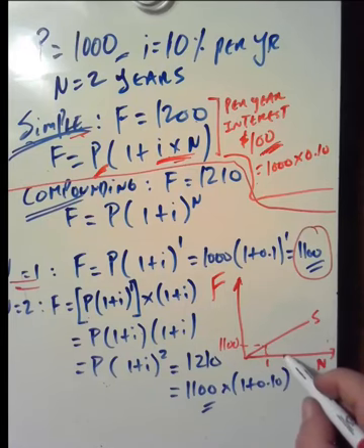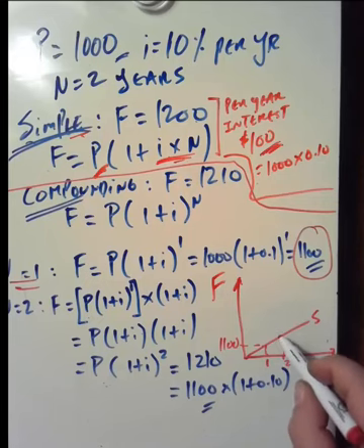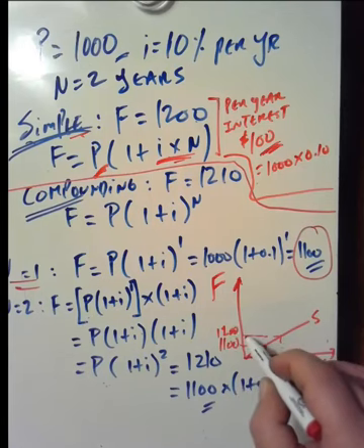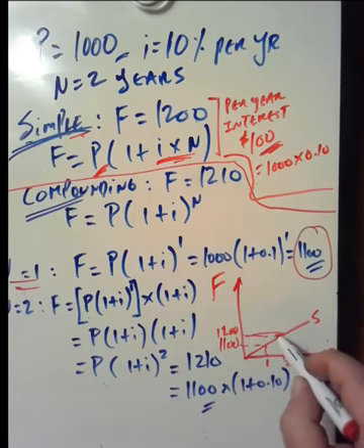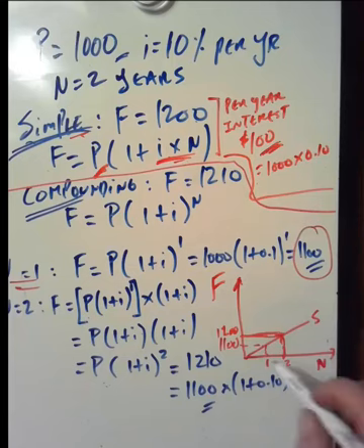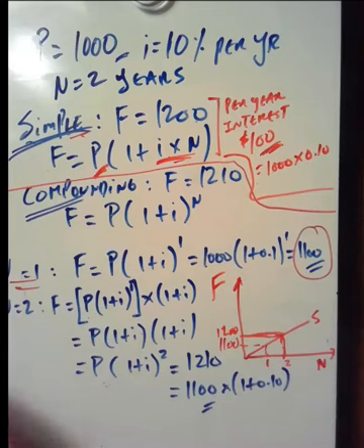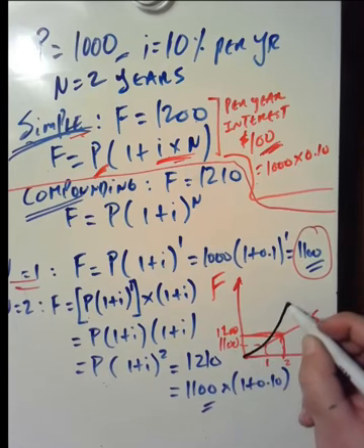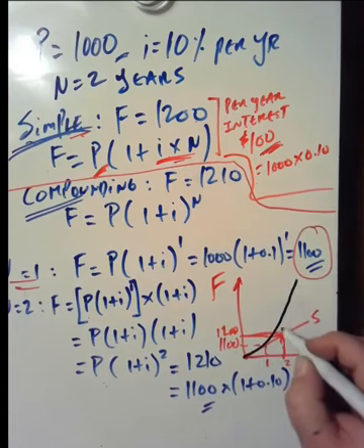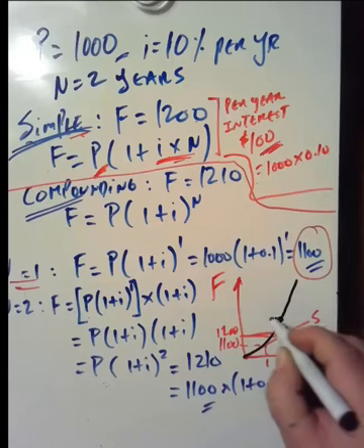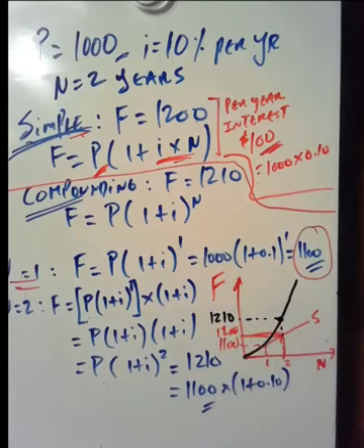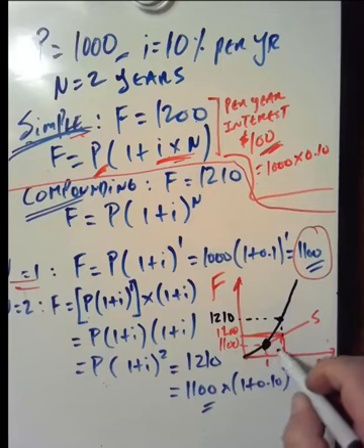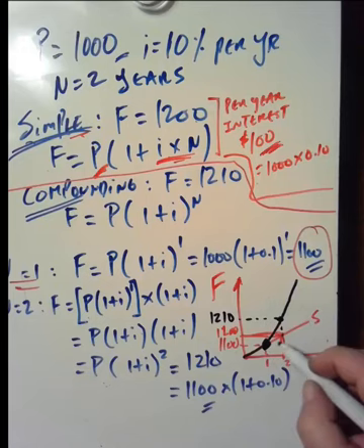But by year 2, this is 1,200, whereas if you are earning interest according to the compounding interest method, by year 2 it's 1,210. They are only the same at year 1.